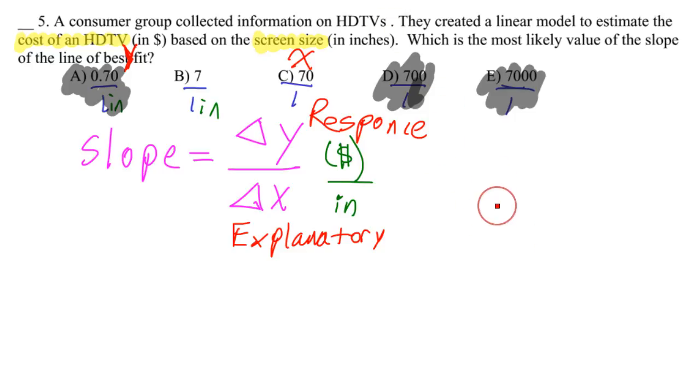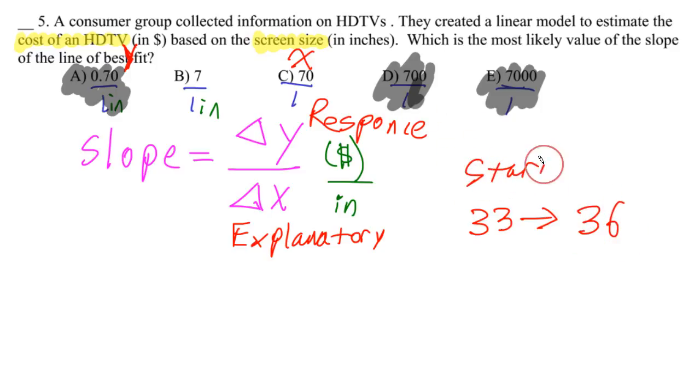Now, let's take a look at what this would look like with some actual numbers. Based on the slope, if I start with a 33-inch TV, and I go to, let's say, a 36-inch TV, so start here and stop here, the change in size is equal to 3 inches.